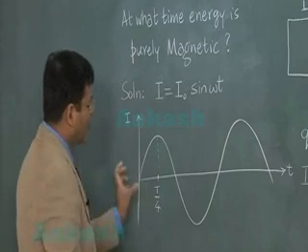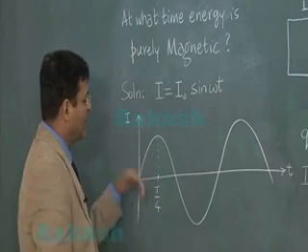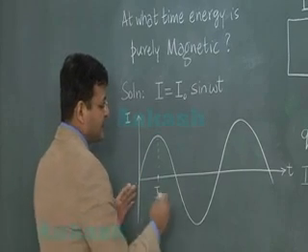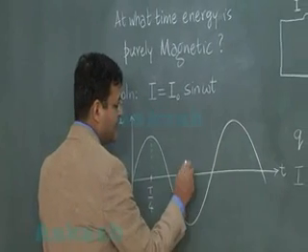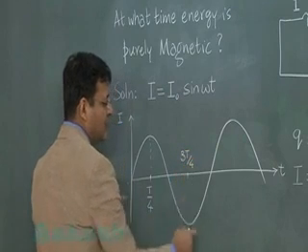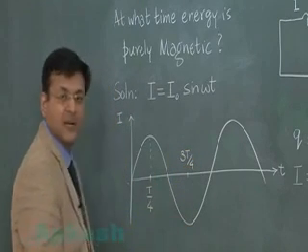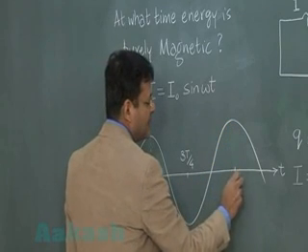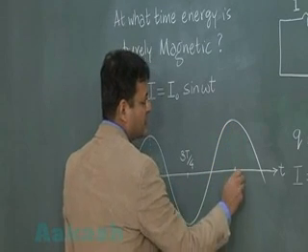T/4. This is a quarter cycle spent, when you will find that the value of current has become maximum. Then here you will be having 3T/4, when again you will find that the current has become maximum, then again you happen to see that the current is maximum at time 5T/4.